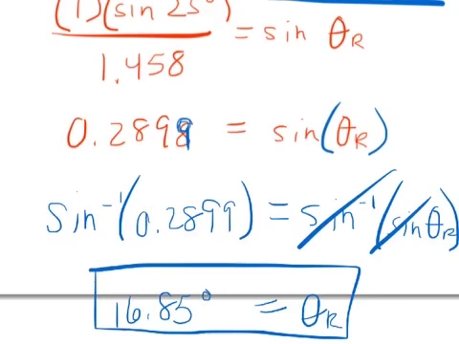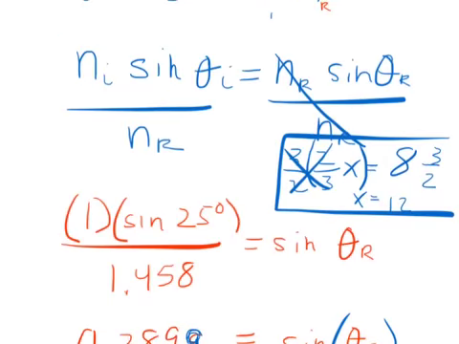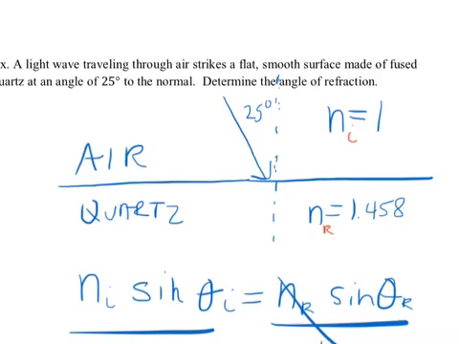Before we go on to the next example, I want to point something out. In this problem, we are finding the angle of refraction, and it turns out to be 16.85. So what that would look like is this. The light hits the surface, and now it bends closer to the normal.